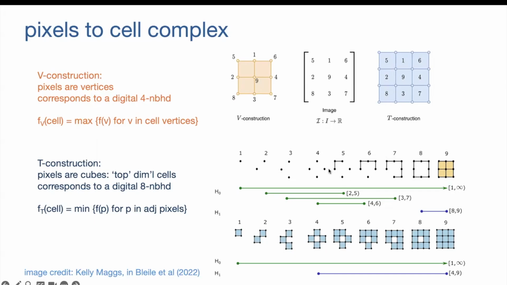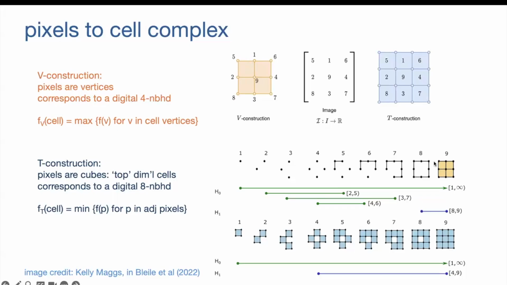Okay, so I can only add an edge. So here, when I add pixel value 5, I'm adding 2 edges because the edges have taken the value that is the maximum of their adjacent vertices, right?